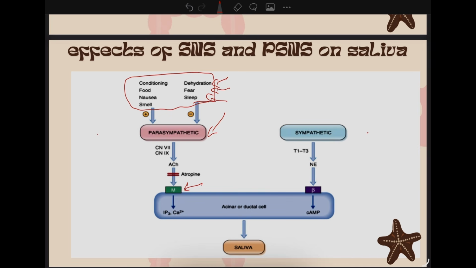M cholinergic receptors. You can see the M. So atropine blocks it, and hence the acetylcholine will not be able to bind to the M cholinergic receptors, and it will not produce the parasympathetic effect. So it's basically a parasympathetic inhibitor, or specifically for acetylcholine. Okay, I'm sorry for the mistake.